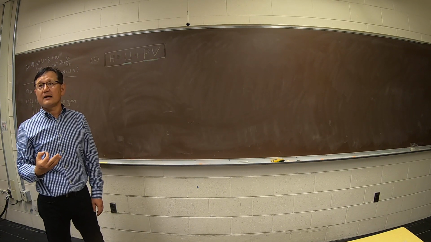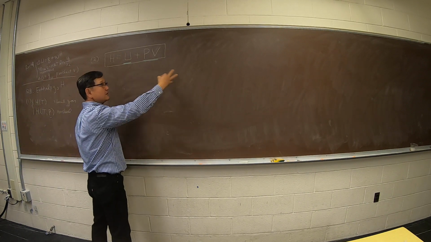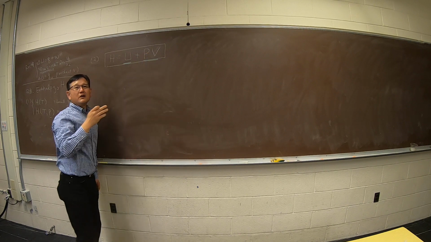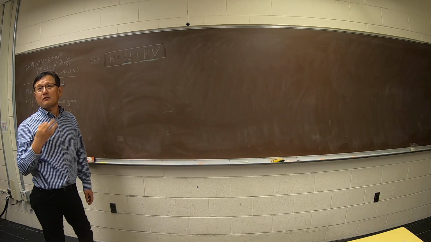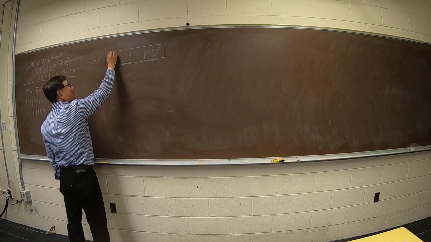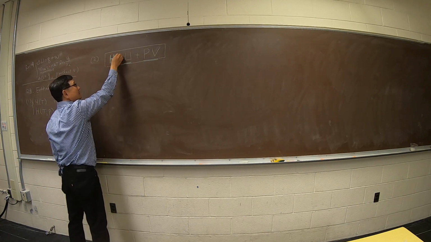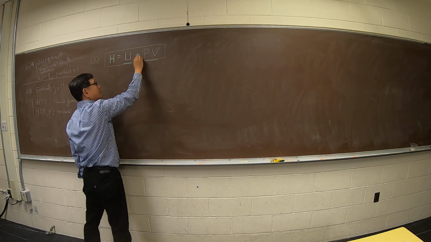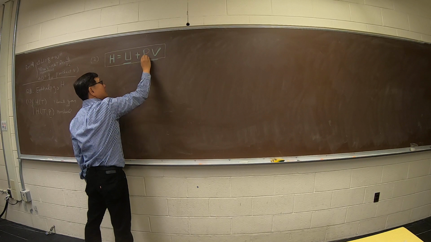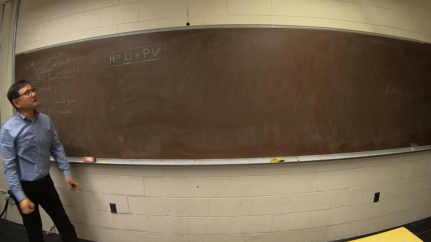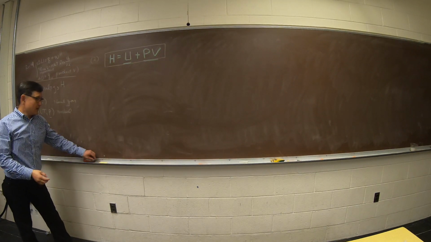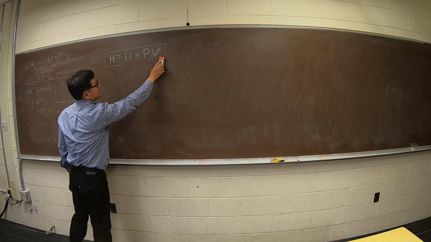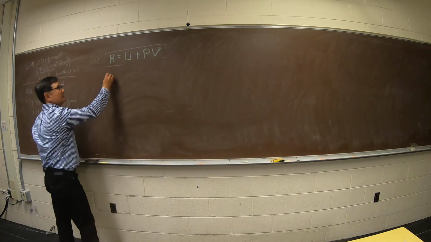So when your system can undergo a volume change, the volume times the pressure is another form of energy that we should consider, and that is why H is not just the constant volume case, but covers any change of volume and pressure. And once I have this simple equation, I'm in business to do something.